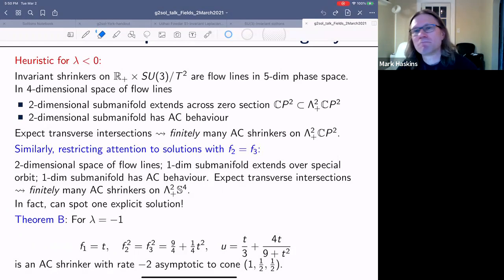So the expanders in the G2 thing are somehow a bit like that. You started with the torsion-free solution, and then now there's a one parameter family on one side of the torsion-free cone, a family of expanders asymptotic to those cones.